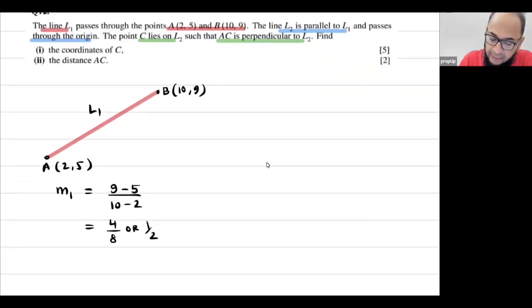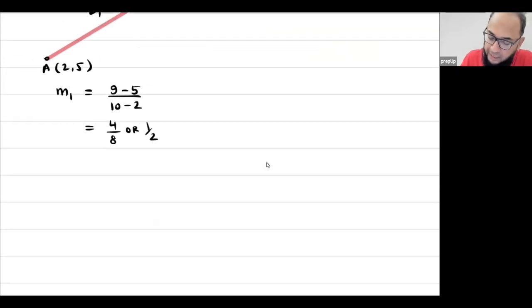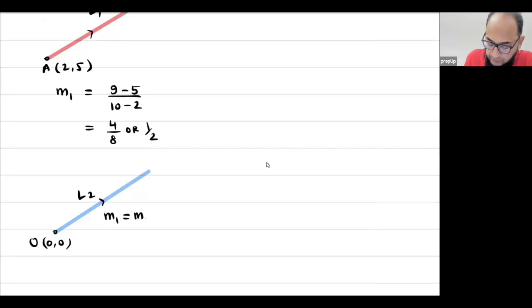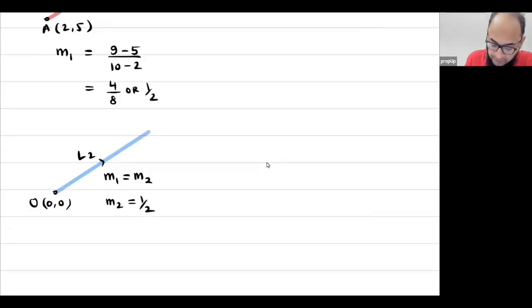Second thing, the line is parallel to L2. So there is a line L2 over here. It's passing through the origin. It's going like this. So this is 0, 0, and it's parallel to line 1. So M1 and M2 are the same. Therefore, M2 is also half.